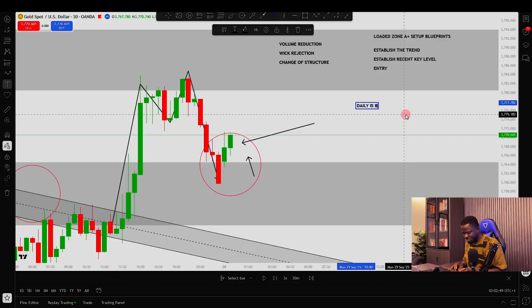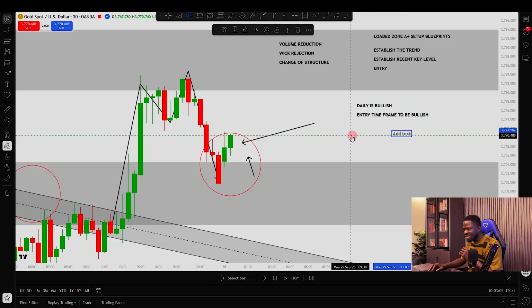And we don't want to buy right now because our rules say if daily is bullish, then we must wait for our entry time frame to be bullish as well.